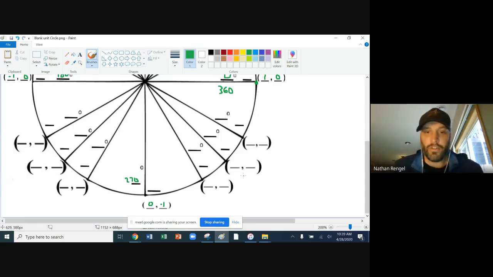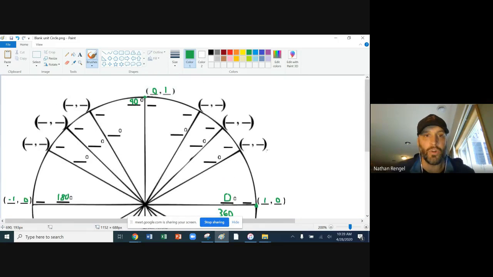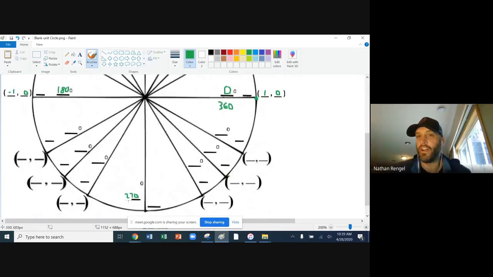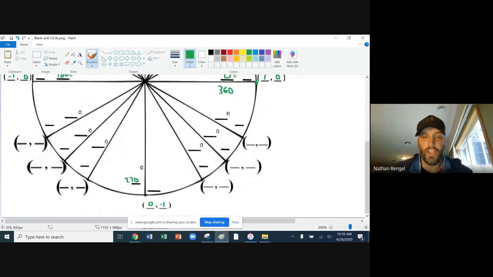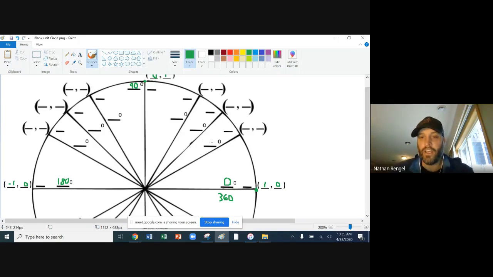So those are some popular benchmarks on our coordinate plane: 90 degrees, 180 degrees, 270 degrees, and then all the way around 360 degrees, and the corresponding coordinates that go along with those points. The extra blank spaces that you are seeing are going to be what we fill in with our radians.